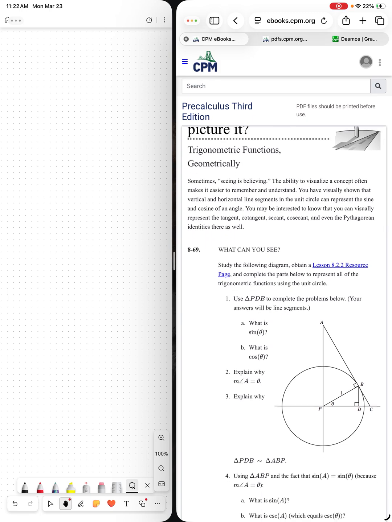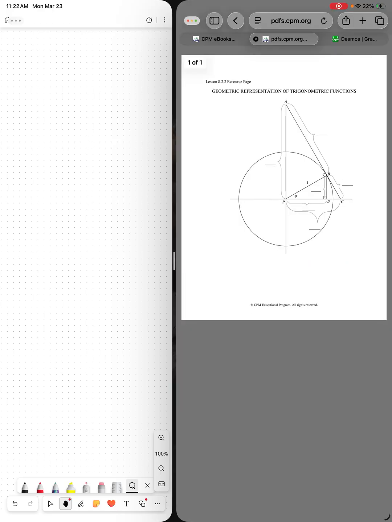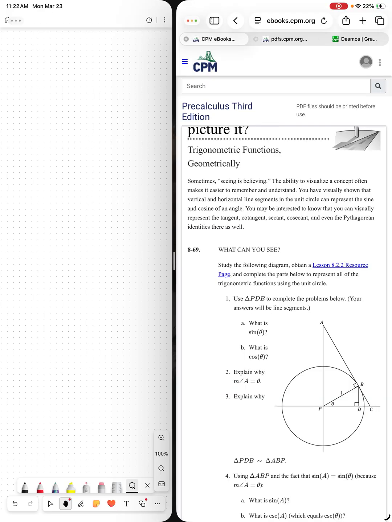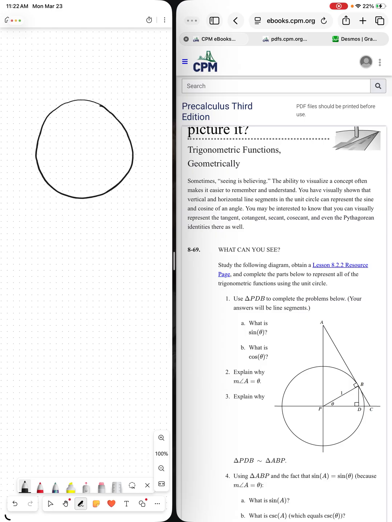I'll try to draw this. I actually have it PDF'd over here, but I'll do my best to give you guys what this looks like. Obviously it didn't work, right? So we have a circle, which we then quad.